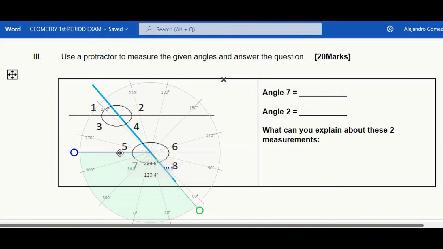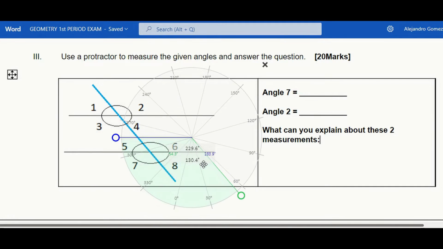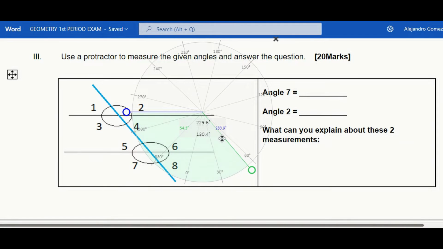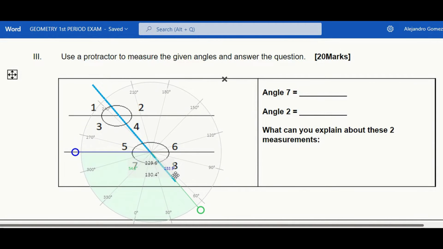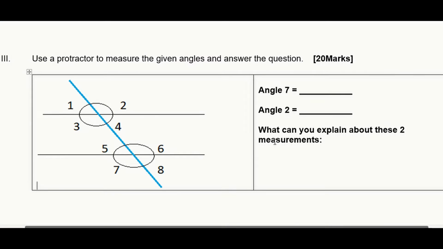And the inner one, which is angle 7, is 130 degrees. We see the number 130.4. That is angle 7. So once again, because of my mouse, I cannot be that accurate, but anyway, with your physical protractor you were measuring for sure 130 degrees. So we can tell angle 7 is 130 degrees, and angle 2 is also 130 degrees.